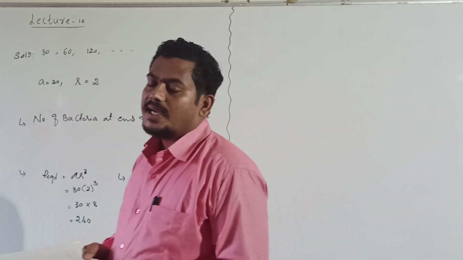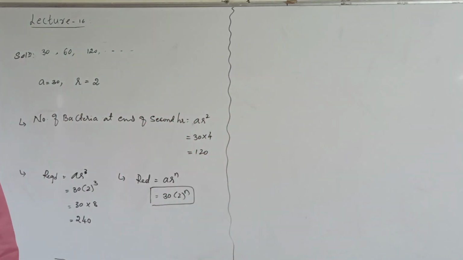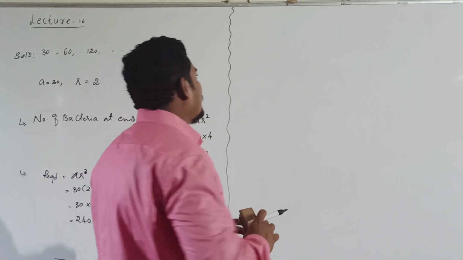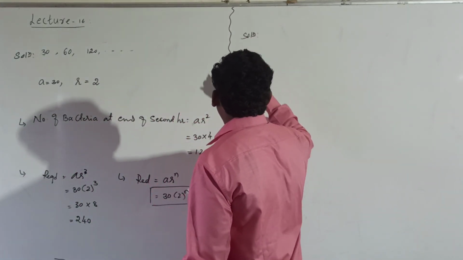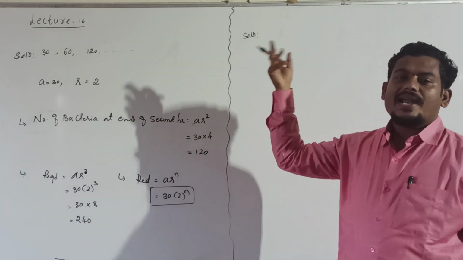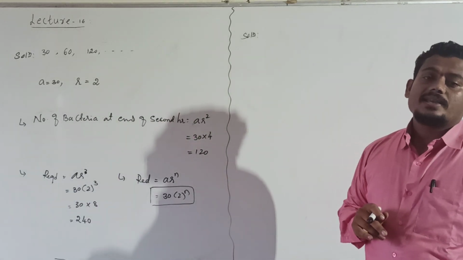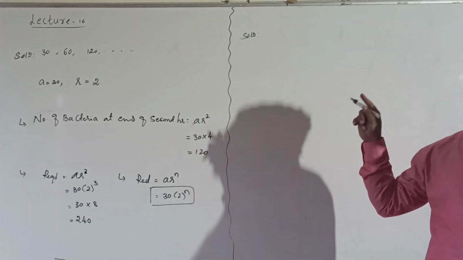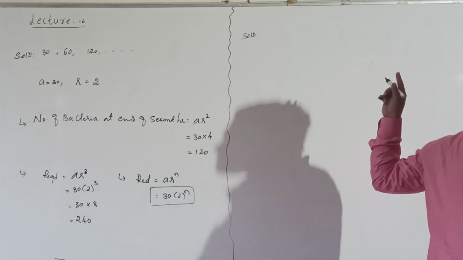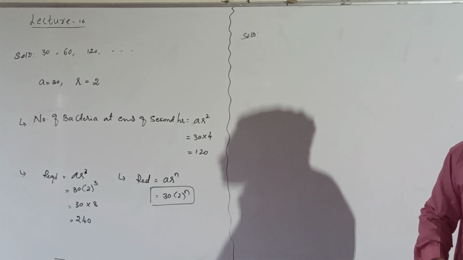We need to find the quadratic equation. Suppose alpha and beta are the roots of the quadratic equation. Then the quadratic equation is x square minus sum of the roots into x plus product of the roots equal to 0.